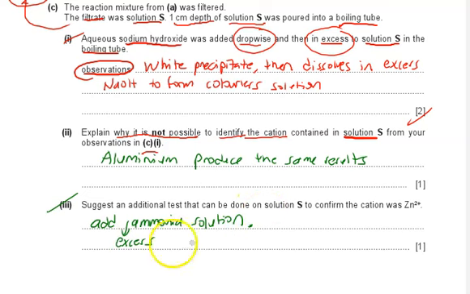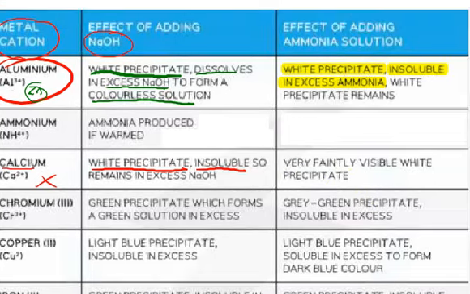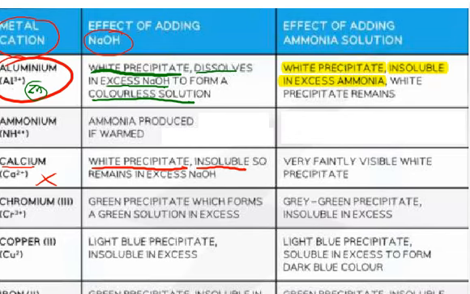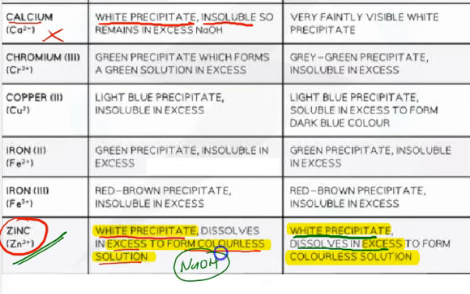If you look at this row for the ammonia solution, we have a white precipitate for aluminium, and it remains insoluble in excess. So we can scroll down for zinc. Zinc will have a white precipitate and it dissolves in excess. So only zinc will dissolve in both excess sodium hydroxide and excess ammonia. So please remember this one, guys.